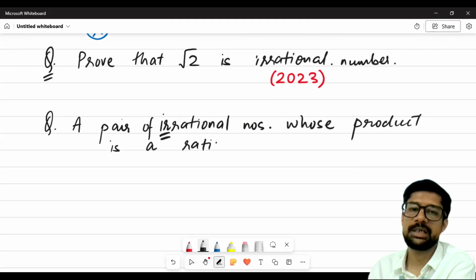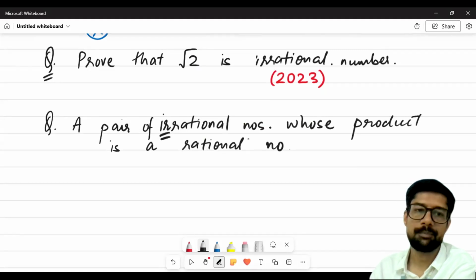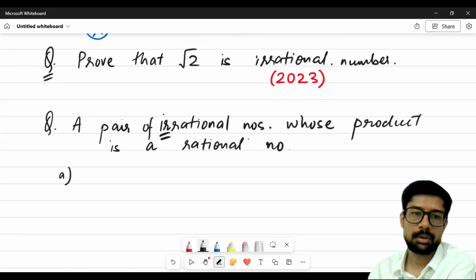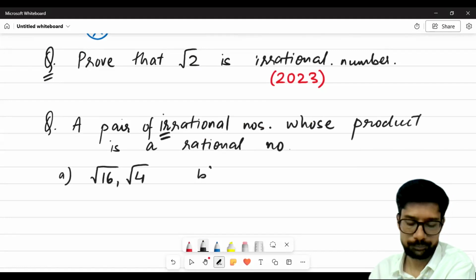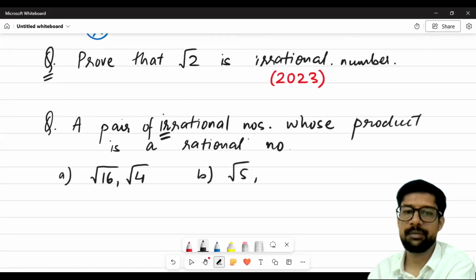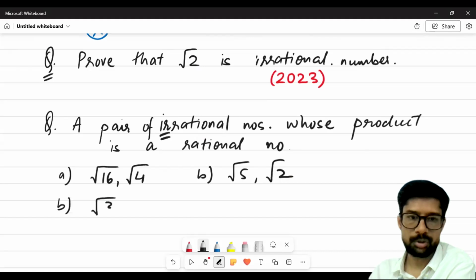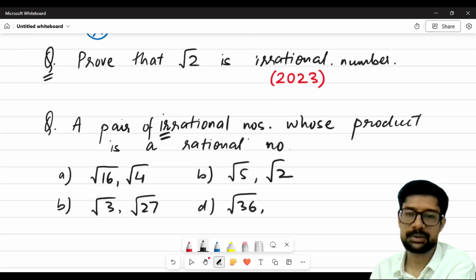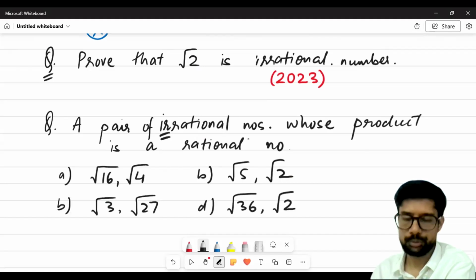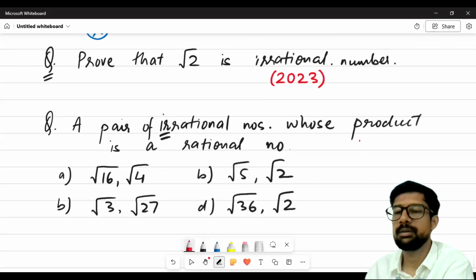A pair of irrational numbers whose product is a rational number. We have 4 options. You need to shortlist. Root 16 into root 4. Root 5 into root 2. Root 3 into root 27. Or root 36 into root 2. This was asked in CBSE board exam 2024.